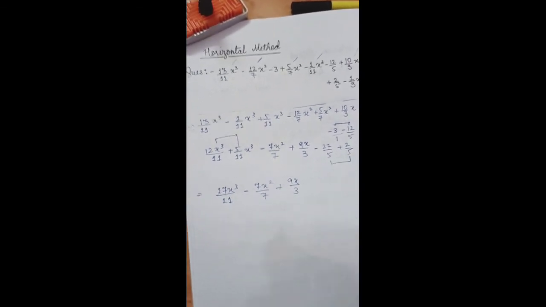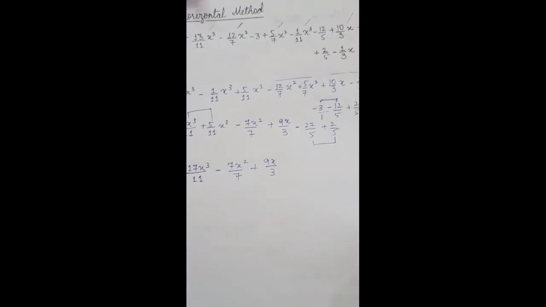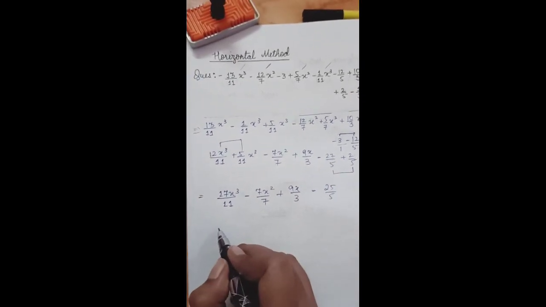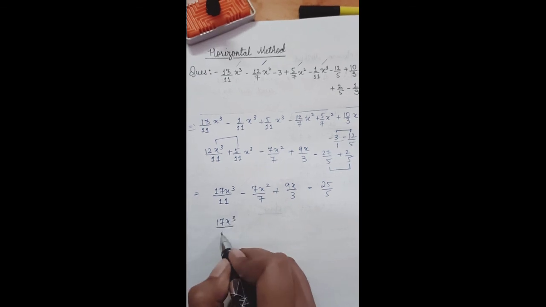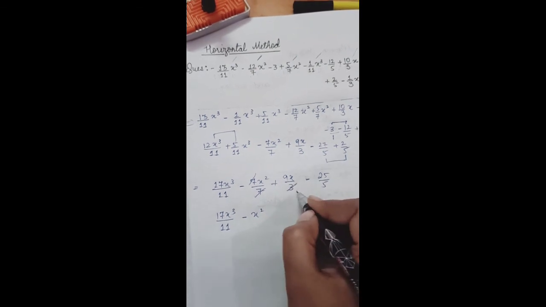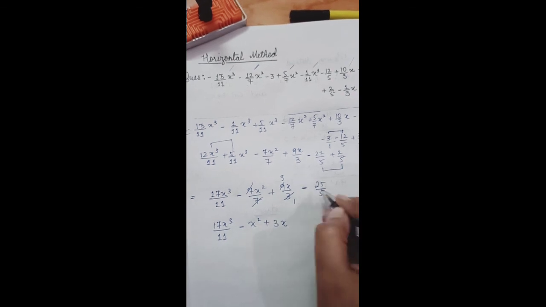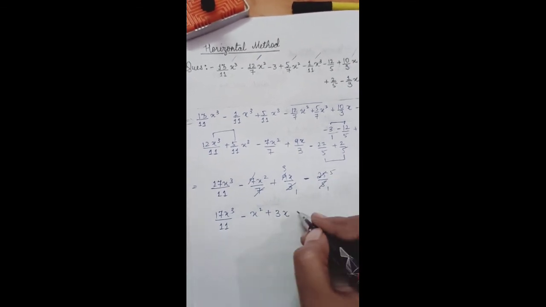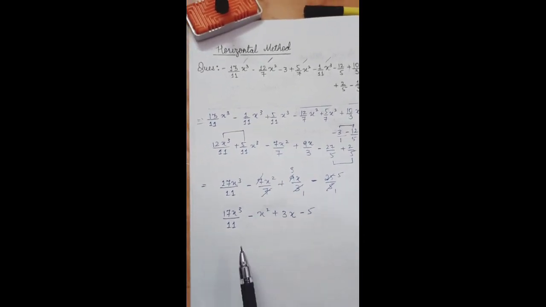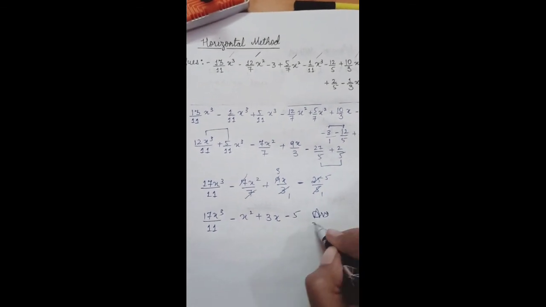Now we solve these two fractions. On solving this, you will get minus 25 by 5. Now 17x cube by 11; this 7 cancels out. Here we get x square, and 3 one times, 3 times, so here we get 3x, and here 5 one times, 5 times, so here we get minus 5. So we have solved all the like terms. So this is your required answer.